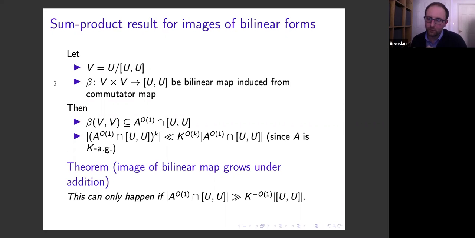So you either want the number of ratios to be quite large or it's 1. Under the assumption that the number of ratios for all the non-trivial characters is large, you can prove a result.